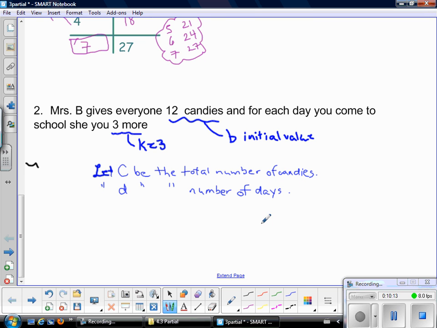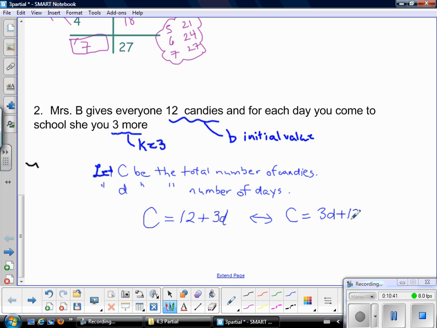So it would make sense then that the total number of candies would equal, first of all, the 12 candies I'm giving you, and then 3 times every day. If you notice I wrote it that way, it doesn't matter whether you write it that way or you do total number of candies equals 3 times D plus 12.